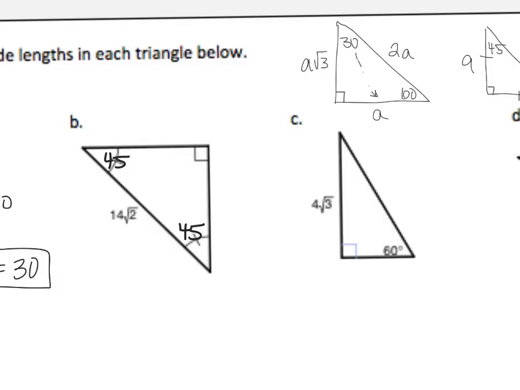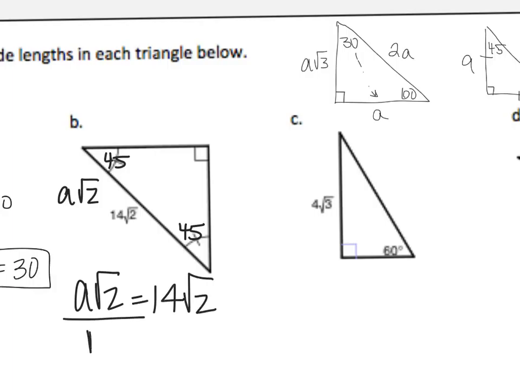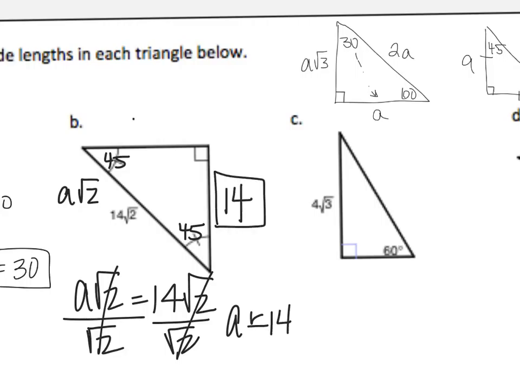The side that's given to me is the hypotenuse, and in the 45-45-90 triangle, the hypotenuse is A root 2. So A root 2 equals 14 root 2. Solving for A, I'm going to divide by root 2. So A equals 14, so each of these sides is 14.